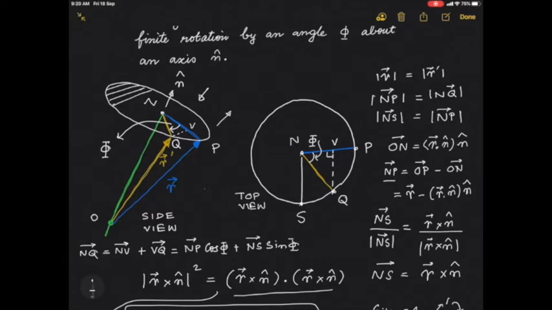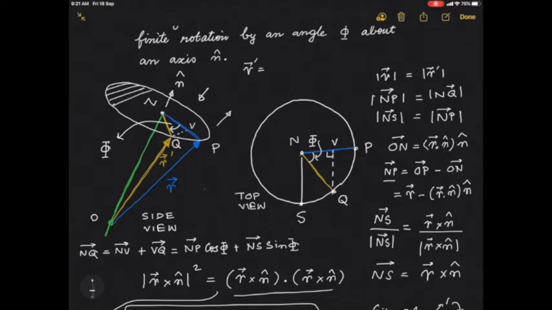Okay, so now let us try to write down r prime in terms of r. So what is r prime?